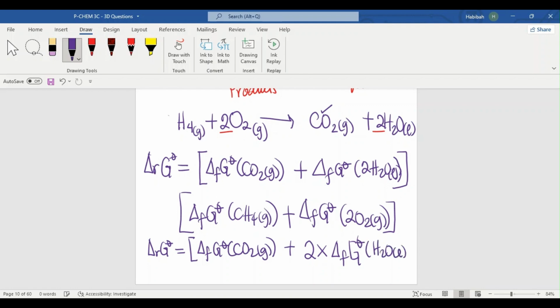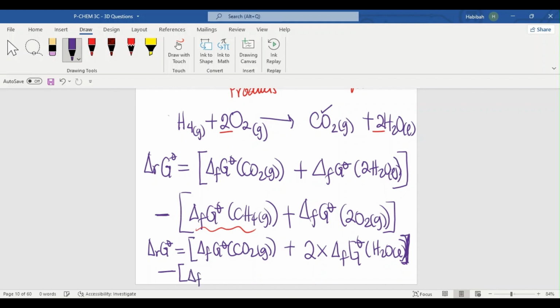All we're redoing here is taking into account all of the coefficients. So minus, and we do the same thing here. This one has no coefficient greater than 1, so we don't have to say 1 times. We can just rewrite it.